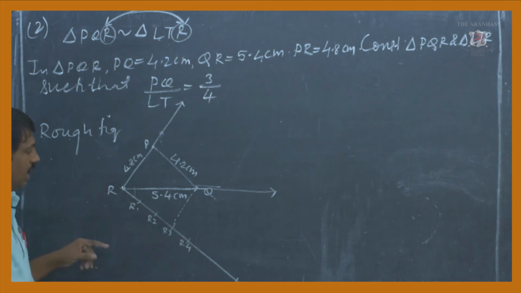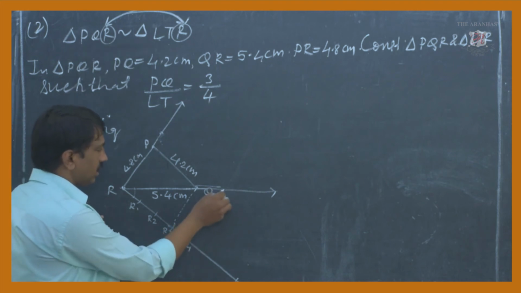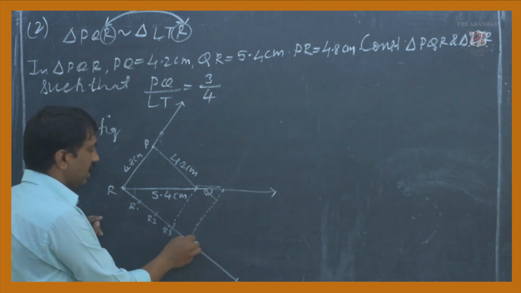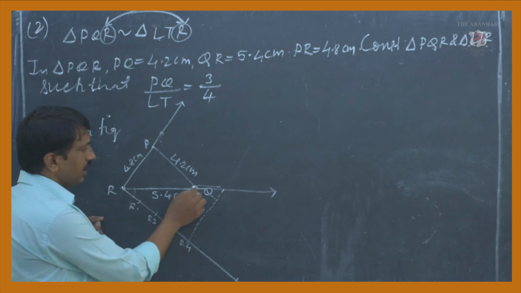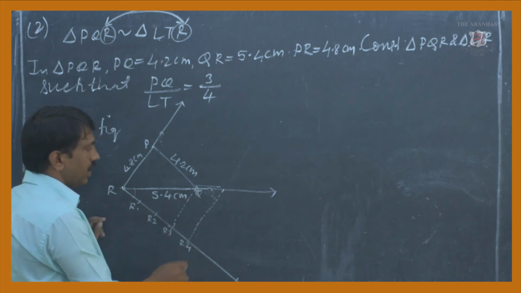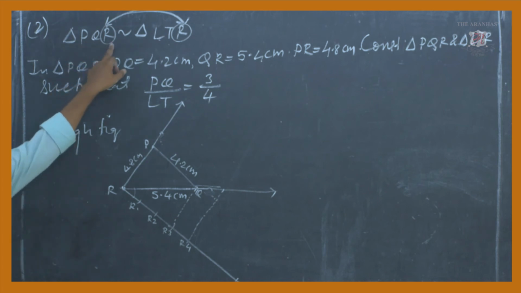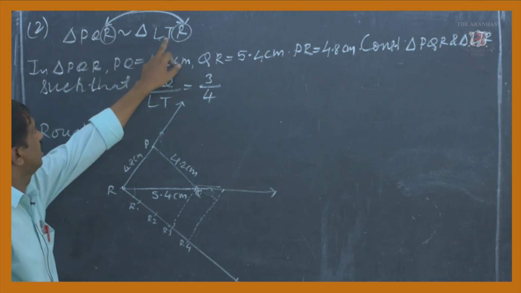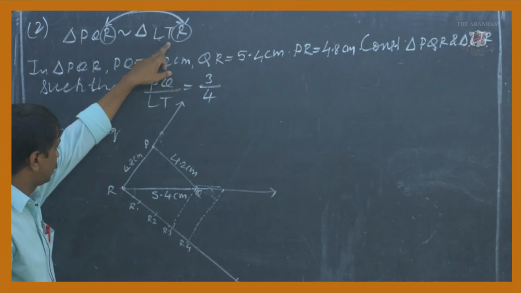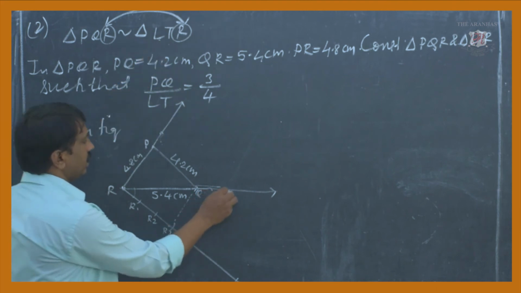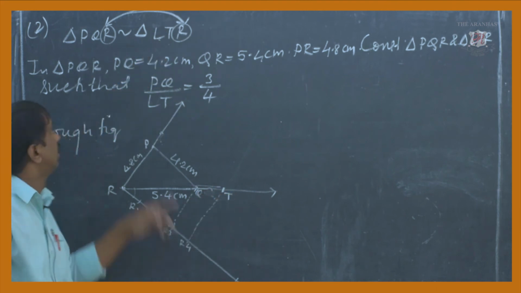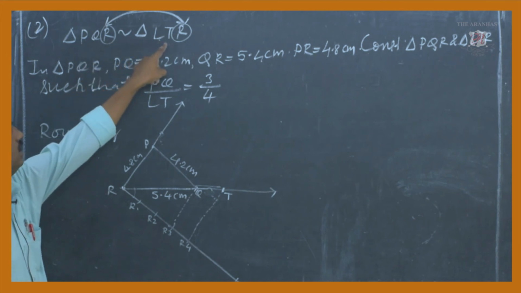Construct the parallel lines here. Draw the parallel line from R3 to Q. And write the correspondence names here: PQR, and here also R is there. Which point is there? That is T. Correspondence we check: PQR, LTR.